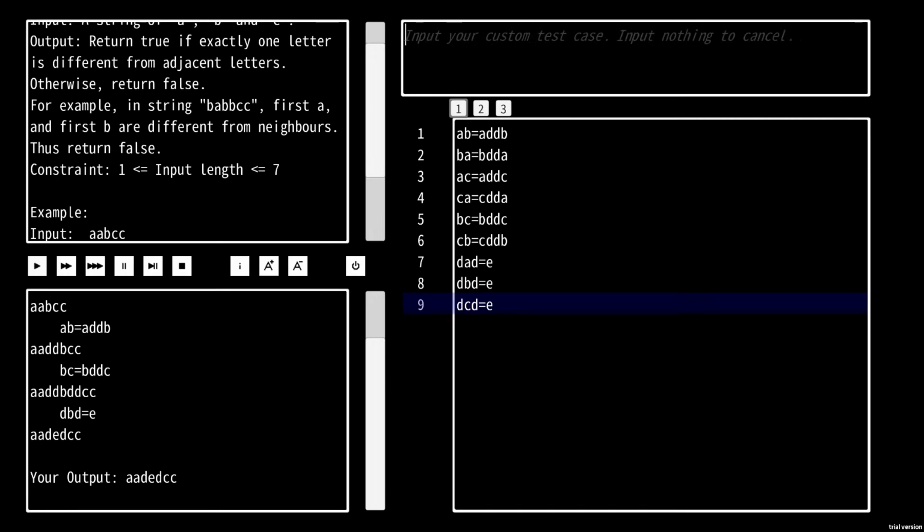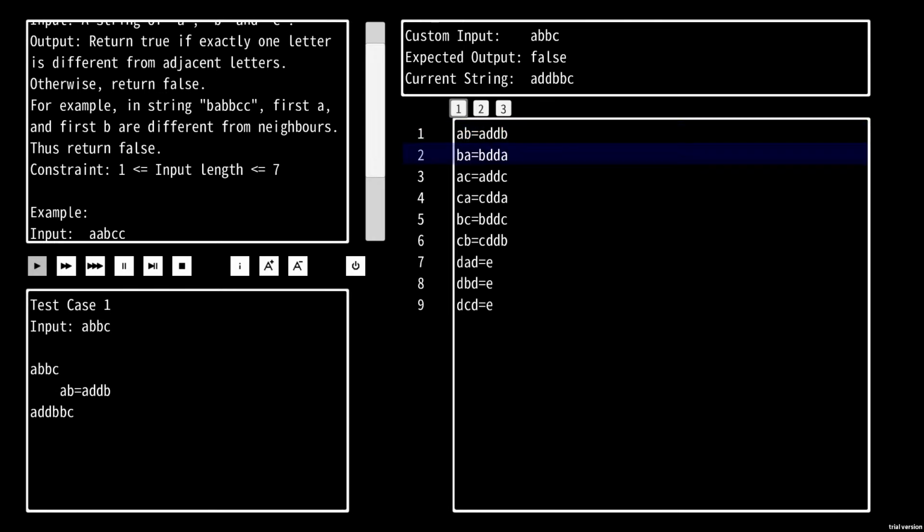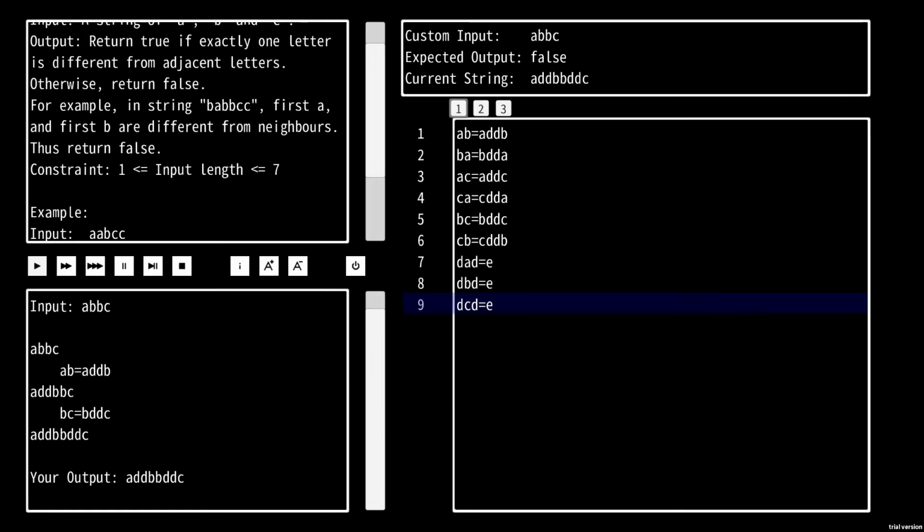So the issue is that if I have something like ABC, or even ABBC, right? What do I do here? Because the differences are right at the end.